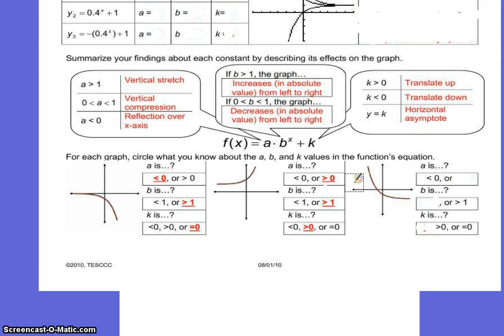Now in the last one we notice that my A is going to have to be greater than 0. My B is going to have to be less than 1. And my K, because of the position, is going to have to be less than 0.